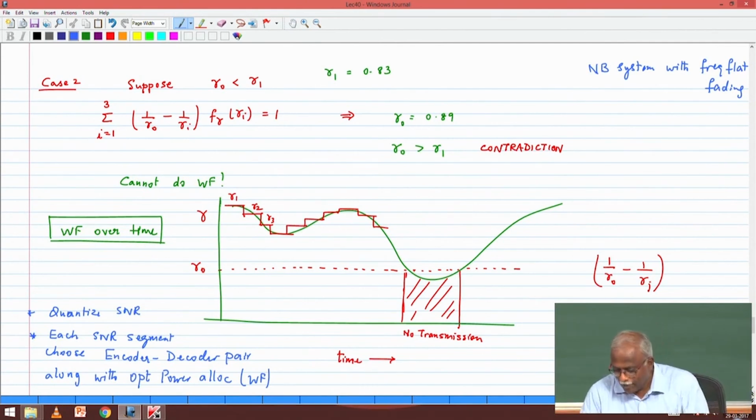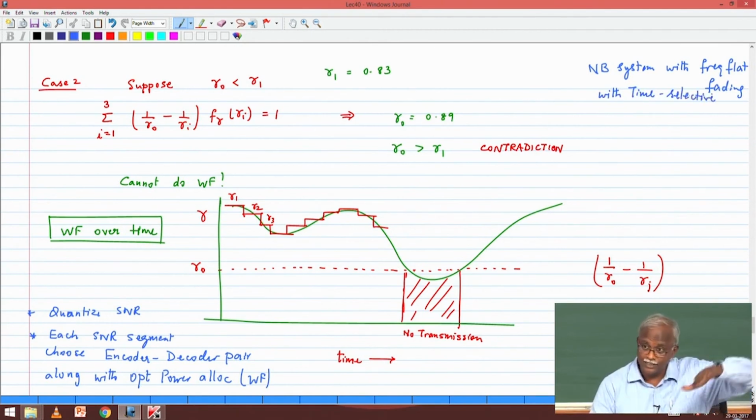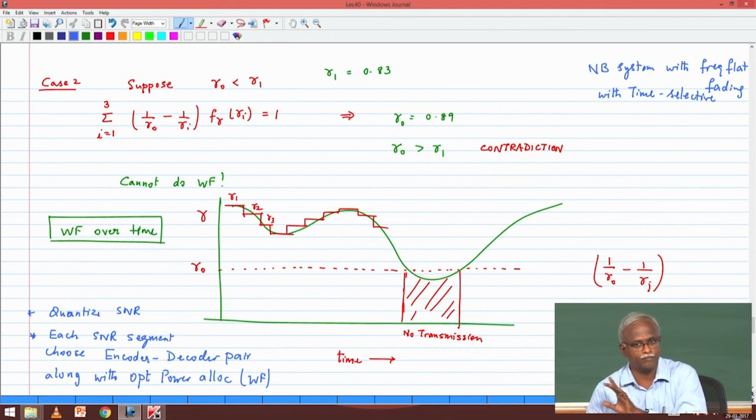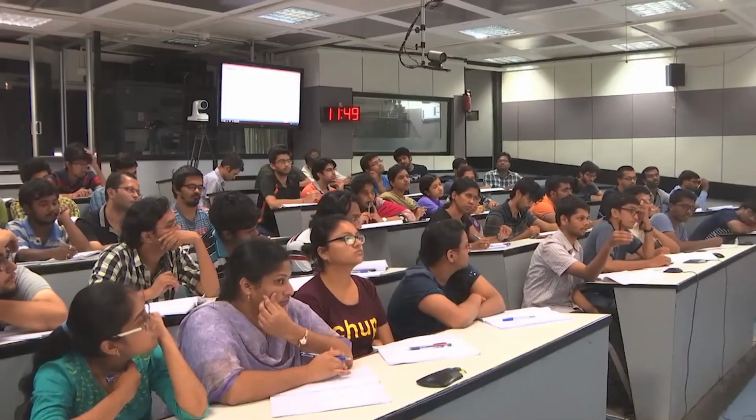But it is a system with time selective fading. Because the channel changes with time, the SNR changes with time, and I have achieved capacity for a narrowband system under time selective fading. Is this done continuously over time or within chunks of time?